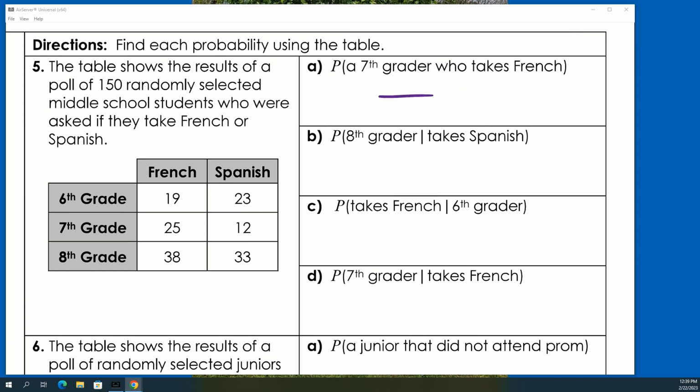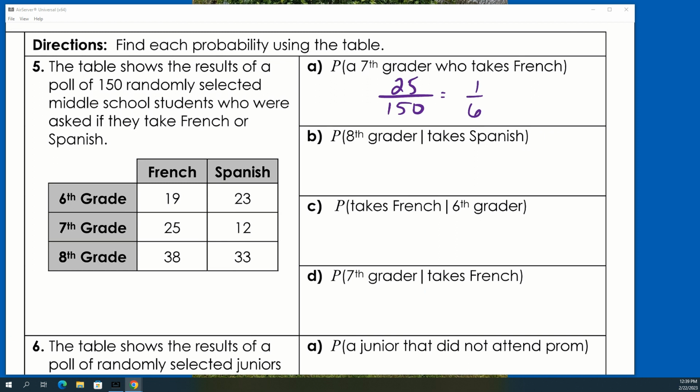This is out of all the people, so all the people is 150 people. So out of all the people, how many of them are 7th graders who take French? 25. All right, so that's not what we're doing today. That's like regular old probability. Okay, the rest of these are like what we're doing today.